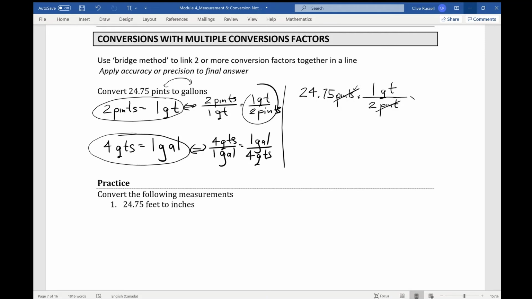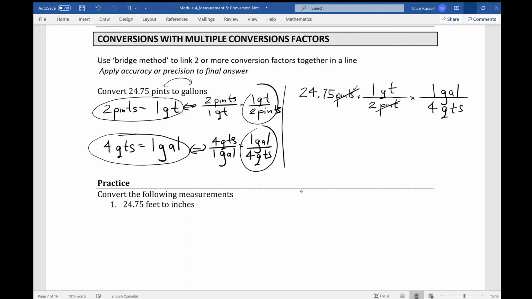So the next step is to go from quarts to gallons. We have quarts in the numerator, so we want quarts in the denominator. So we're going to use 1 gallon over 4 quarts.